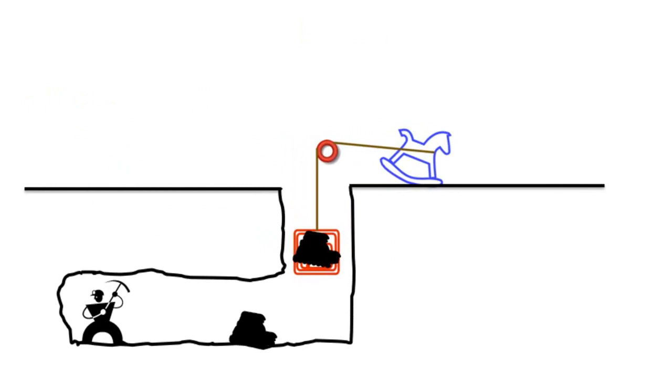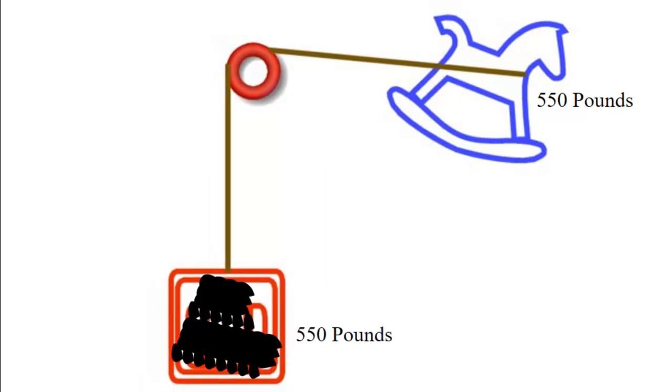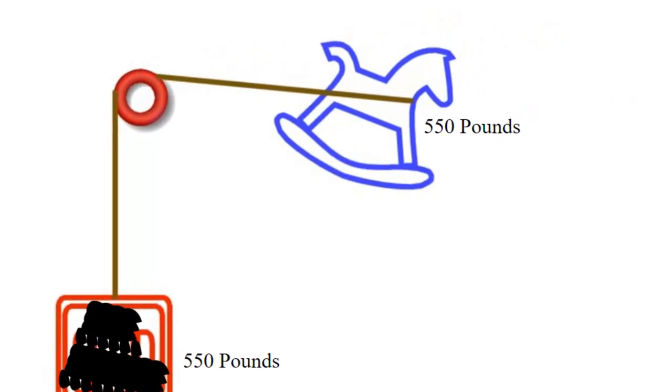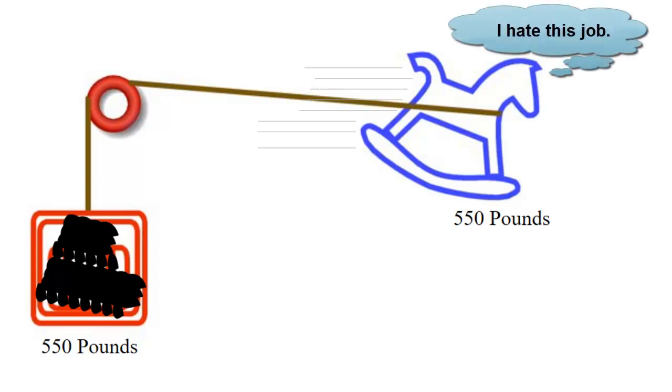So here's where it comes from. We're pulling coal up out of a mine with a horse. And what they found is a typical horse could pull 550 pounds of coal about 1 foot per second without breaking the horse. The faster the horse moves, the more energy it takes, the harder you're working the horse.